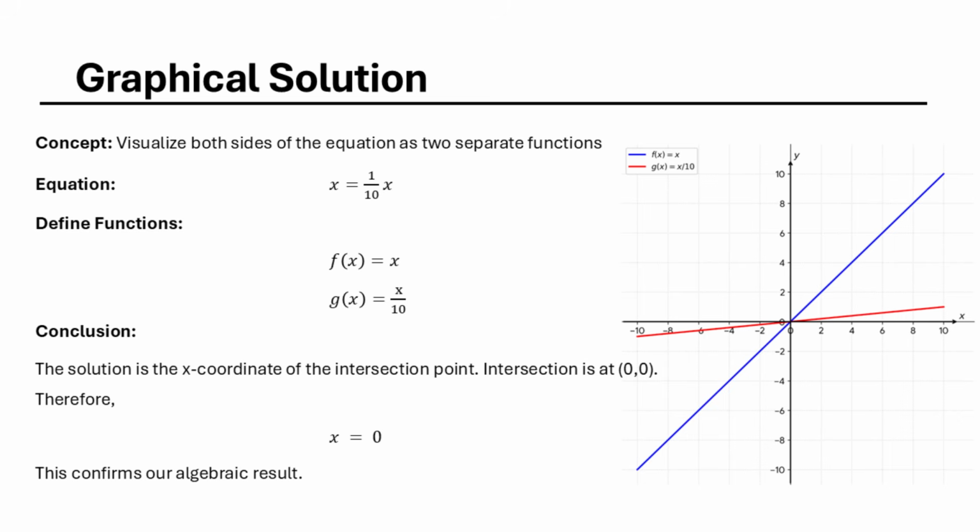We have shown algebraically that x equals 0 is the only number that satisfies this relationship, x equals x over 10. And visually, we've seen that these two lines intersect only once, at the origin. Both methods confirm the same result, proving that x must be 0. It wasn't about missing a solution, but avoiding a common error.